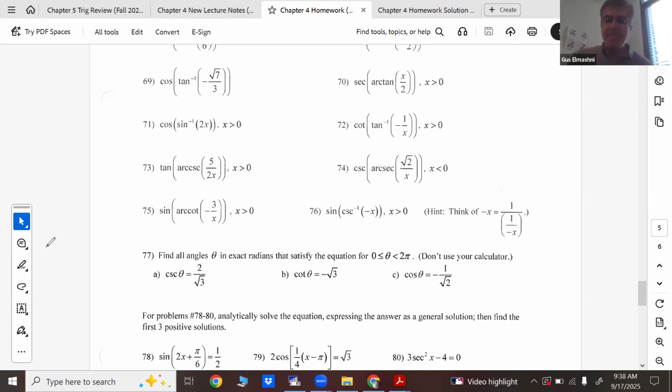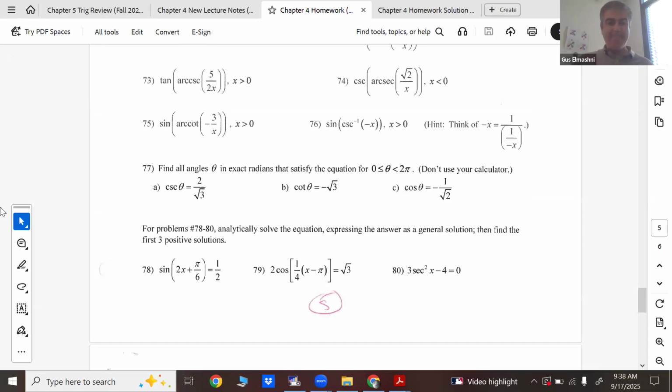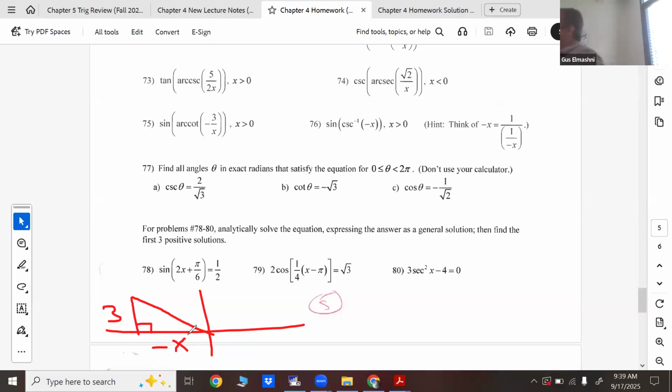For number 75, do it in the second quadrant. Exactly. It's going to be adjacent over opposite, right? Because we're doing cotan. Well, let's find out. Here's what's happening.